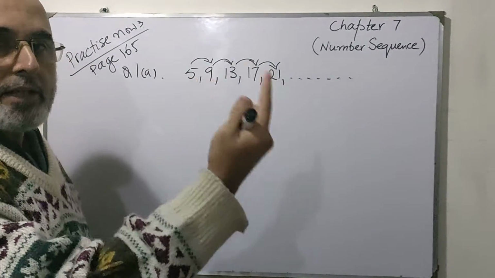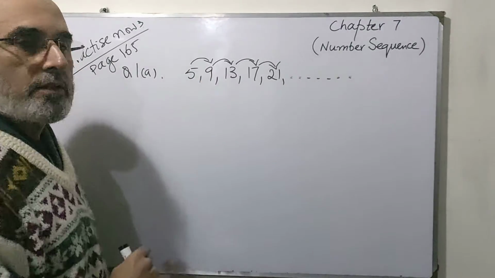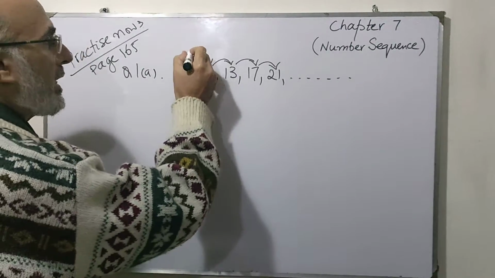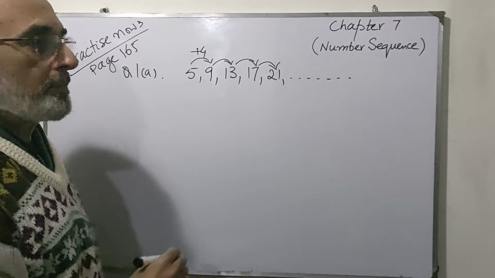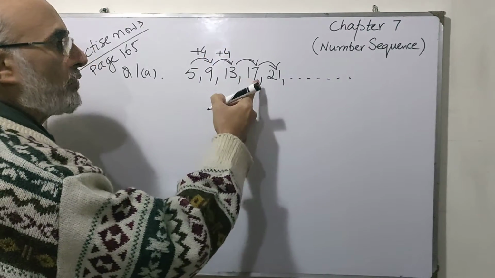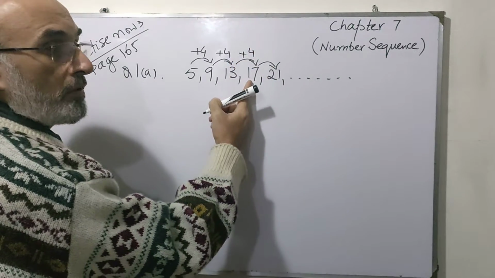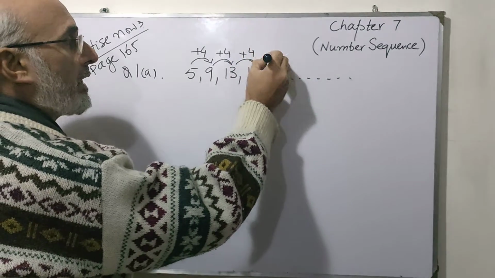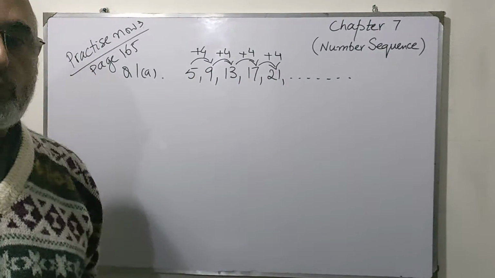How are we getting the next term? The first term is 5. To get the next term, what are we doing? We are adding 4. From second to third, what is happening? We are adding 4. From third to fourth, we are adding 4. And from fourth to fifth, adding 4. So the common difference between each term is 4.